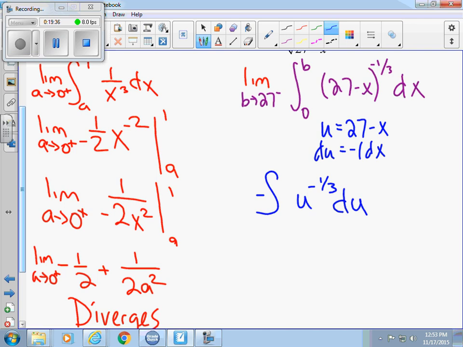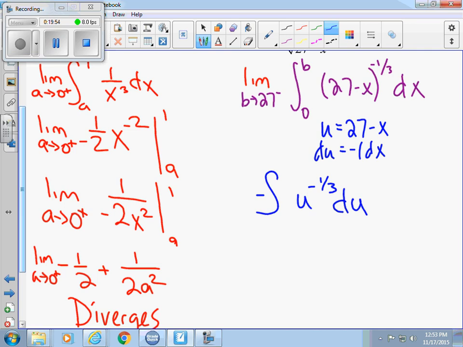Why will they count a point off if you put 0 to b right there? Right. If we're going to change the u's, we change limits too. Now, I do not have a problem with you leaving this blank for a moment, finding the integral, substituting u back in, and then going back to 0 to b. But leave them blank if you're going to do that.